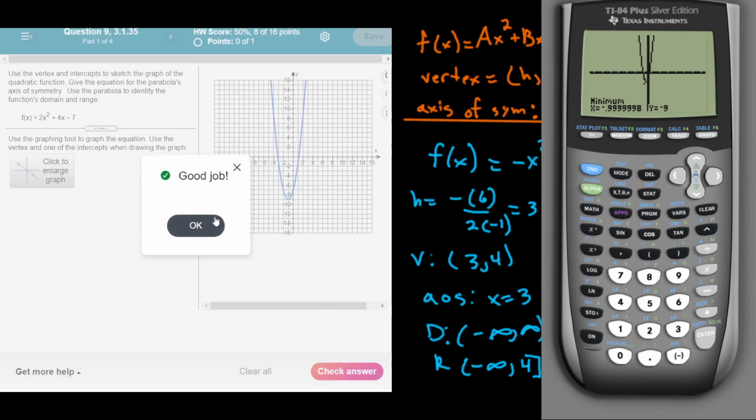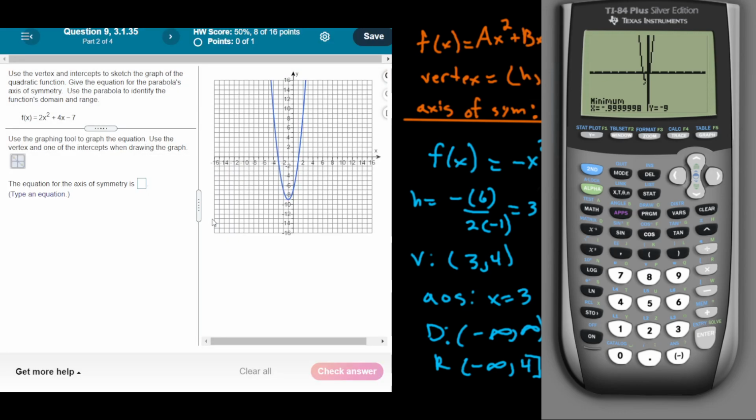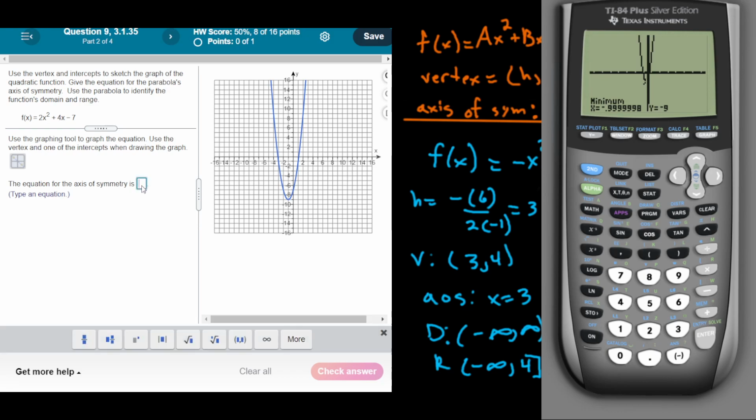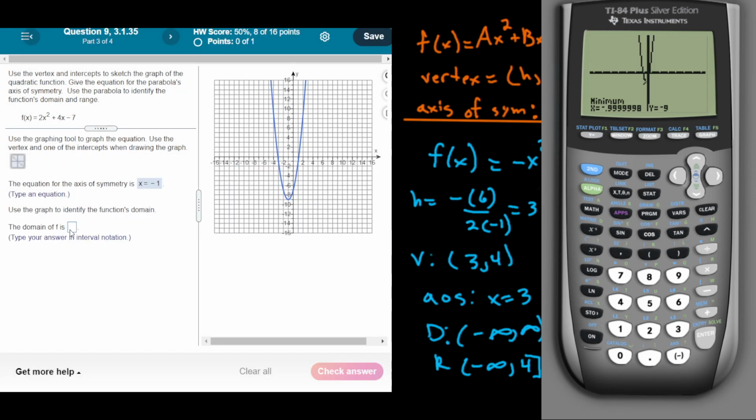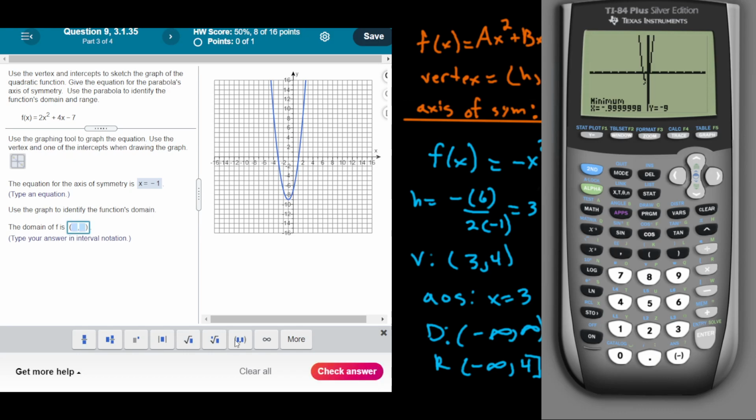And we're saving paper because I'm using the graphing calculator. Axis of symmetry, x is equal to whatever your h is. The h was negative 1. Good job. Domain, easy points. Negative infinity to positive infinity.